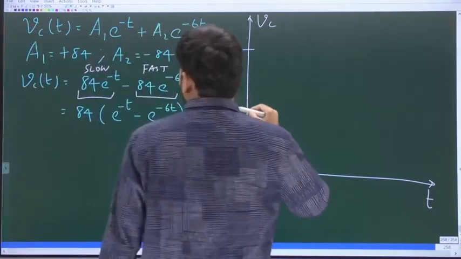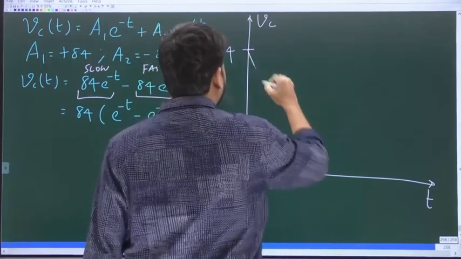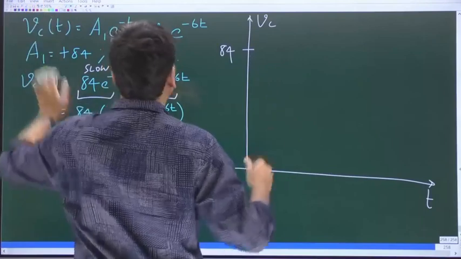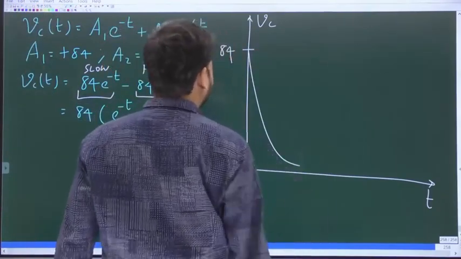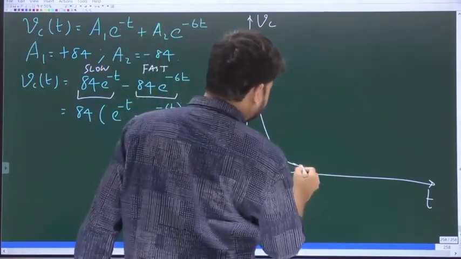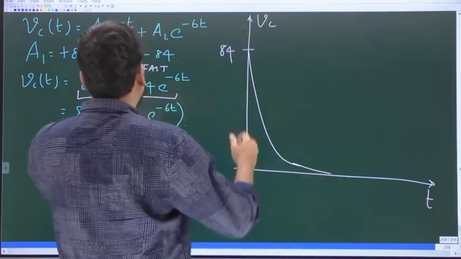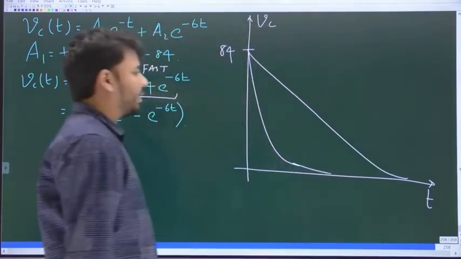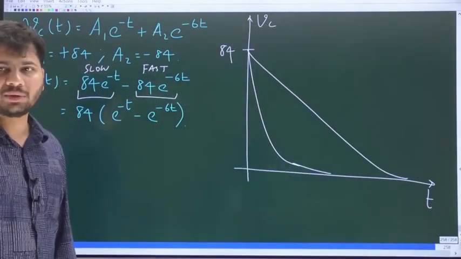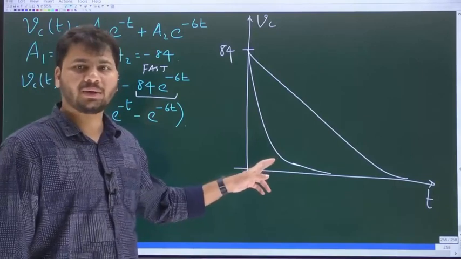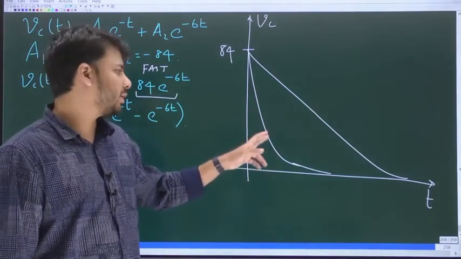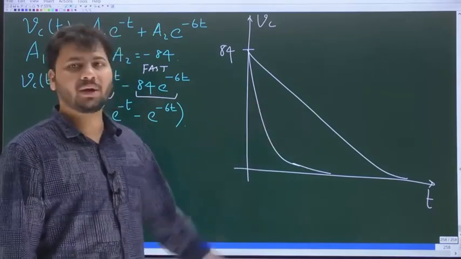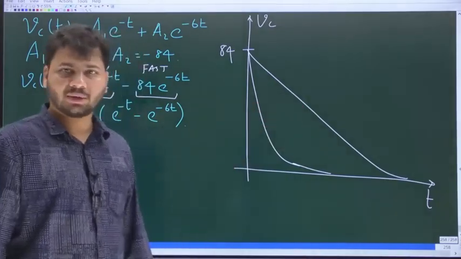The fast one will do something like this, whereas 84 e power minus t will decay relatively slowly. So the first exponential is 84 e power minus 60t, and the second, decaying relatively slowly, is 84 e power minus t.